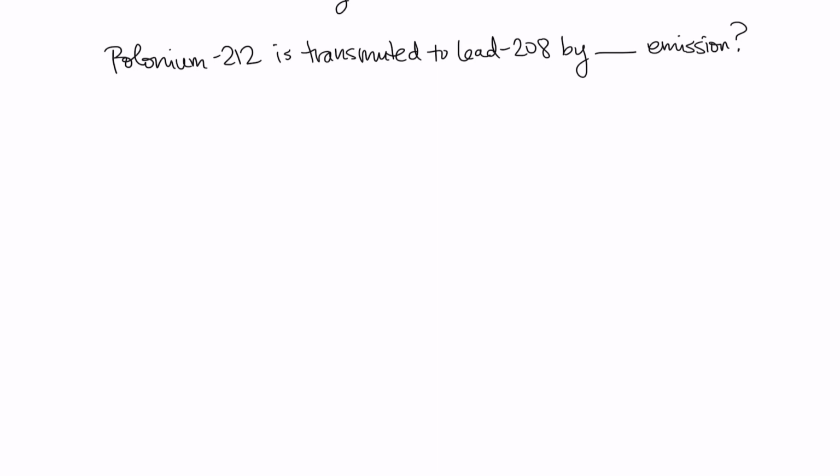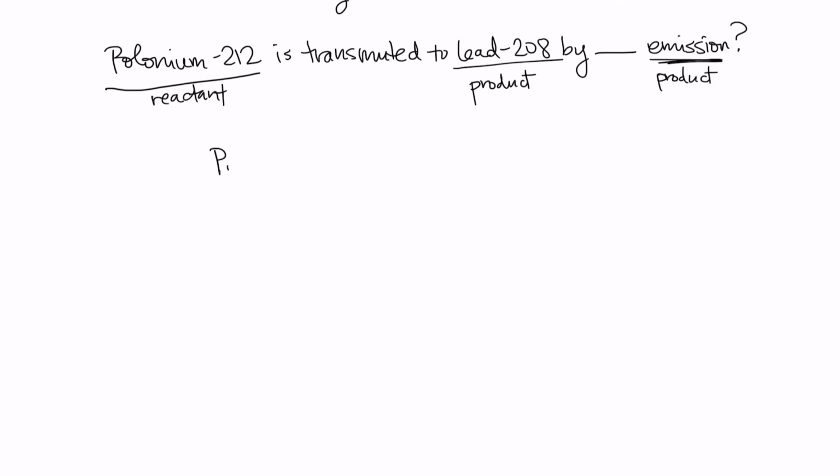So we're going to have to interpret the words. We know that this thing is the first thing we're starting with, so that's going to be our reactant. And it's changing into this thing, so that's going to be a product. And they told us that this is emission, which means this is also a product.